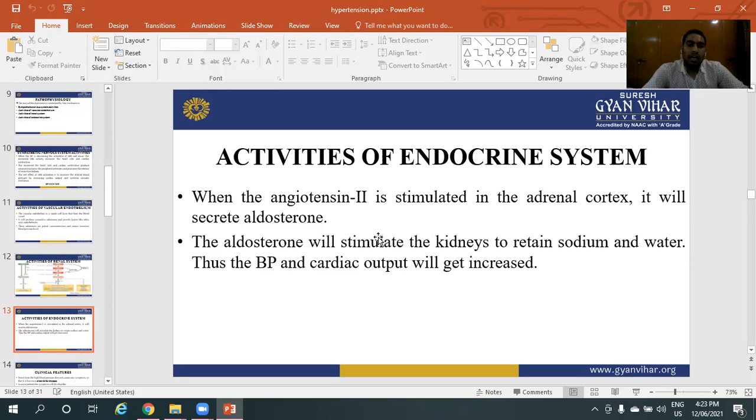Aldosterone is a hormone, and the adrenal cortex lies above the kidney. Aldosterone stimulates the kidney to retain sodium and water. Thus, blood pressure and cardiac output increase. This is the activity of the endocrine system.